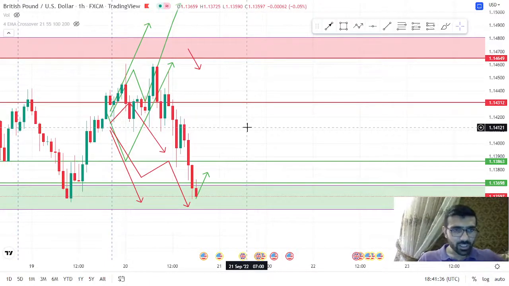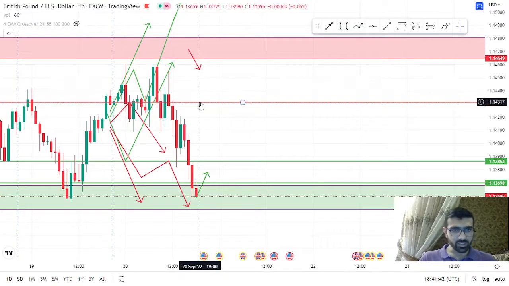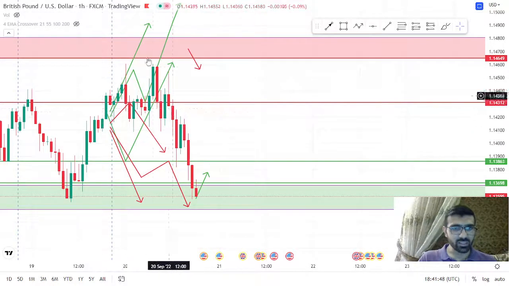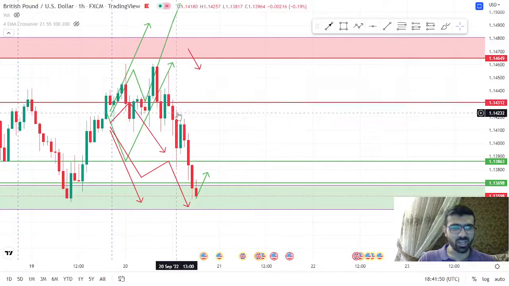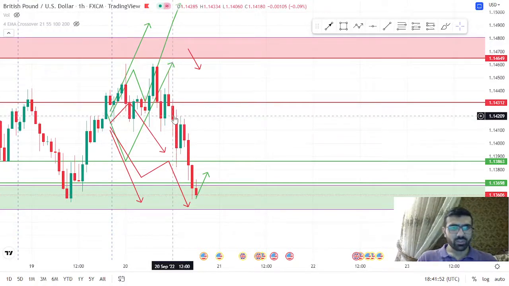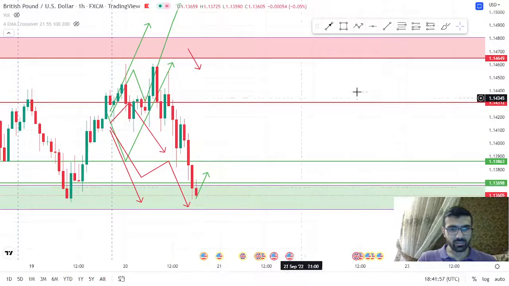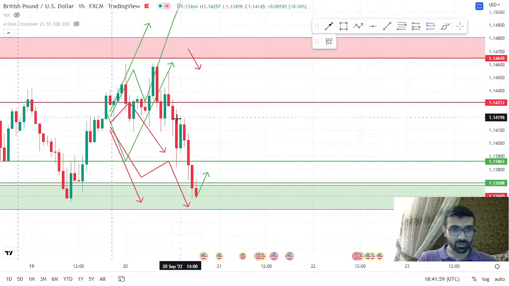Okay, and similarly we gave you another area. As you guys can clearly see, this area was a good area to sell, and once this area was broken for the second time, we could have easily gone short from here as well and we would still be running in good profit.